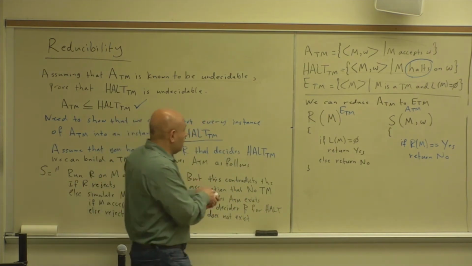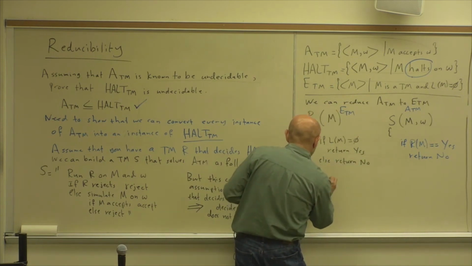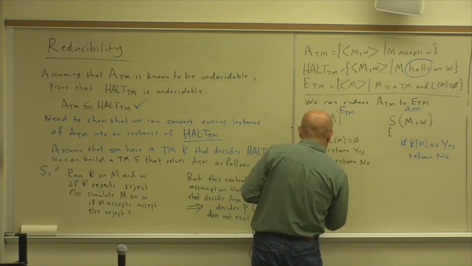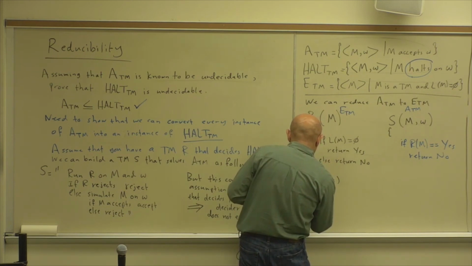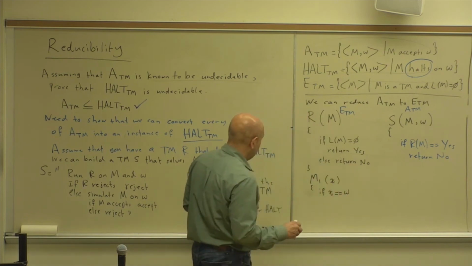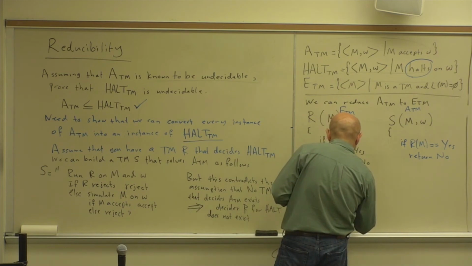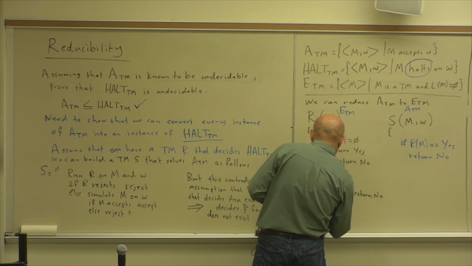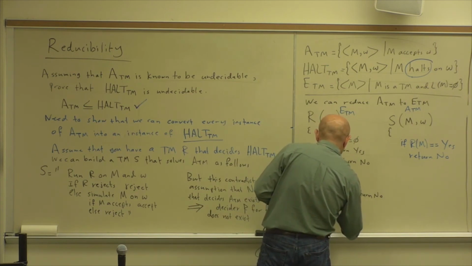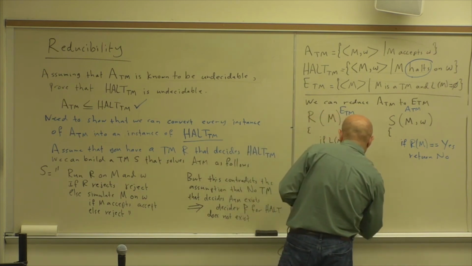Now this is where we need to transform M into another machine, M1, that takes X, and says if X does not equal W, return no, else return M of X.